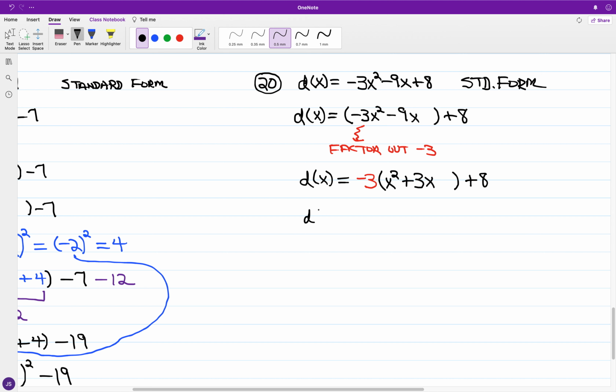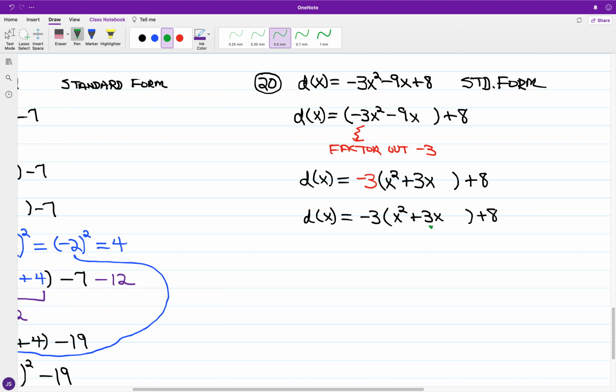Now we're at the stage where we can complete the square. So for the completion of the square, inside the parentheses we have x squared.